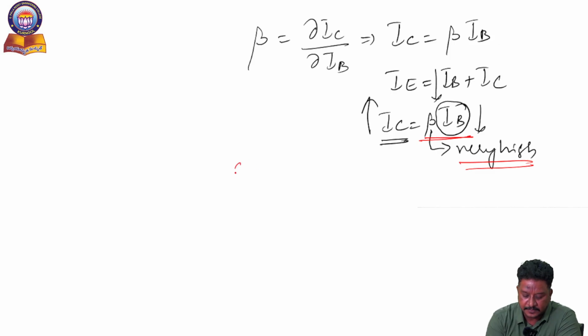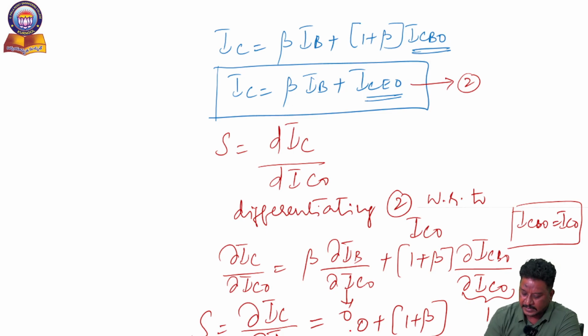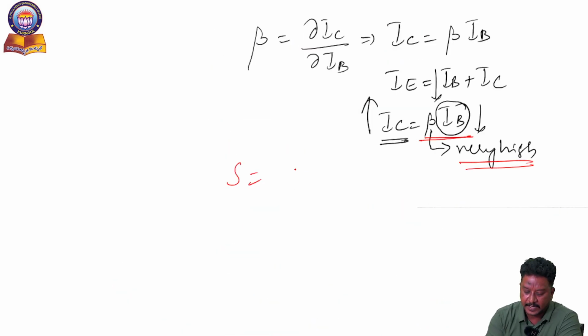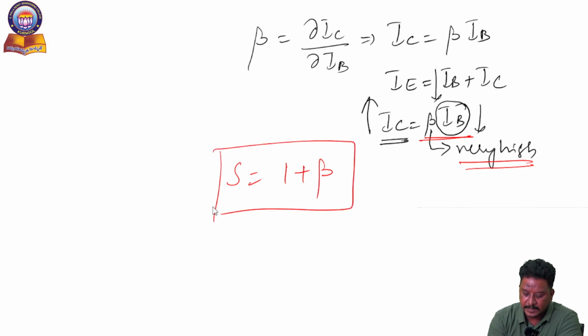From the definition of the stability factor of the common emitter configuration, which we just derived in the previous slide, S is equal to 1 plus beta. S is the stability factor for the common emitter configuration. In this case, the beta value is very high, so the stability factor 1 plus beta is a very high value.